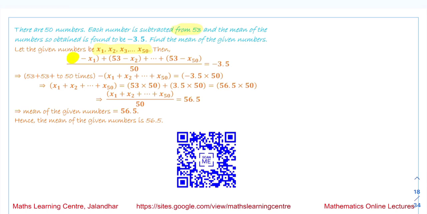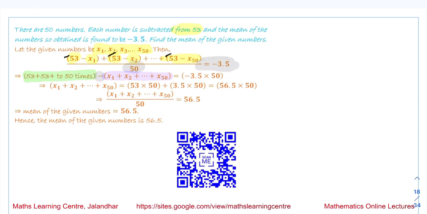So it is 53 minus x1, 53 minus x2, up to 53 minus x50, and the mean of all these numbers means divided by 50, and the answer is minus 3.5. So what we have is this 53 over here. This is 50 times. Then next it is minus x1 plus x2 so on up to x50.